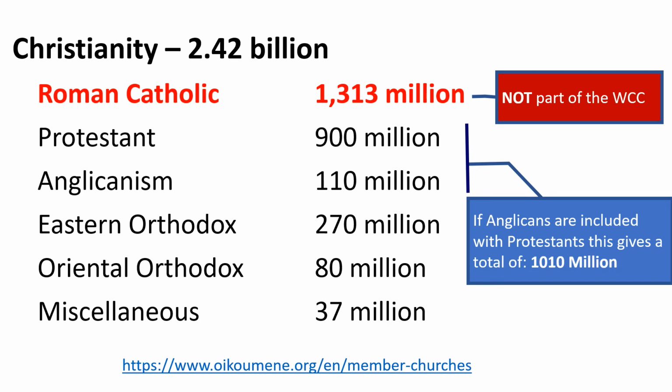But you can see from that the absence of that huge chunk. It's not quite half, but it's going in that direction, of 1,313 million Christians who are not part of the World Council of Churches. The Vatican is not willing to buy into the World Council of Churches.